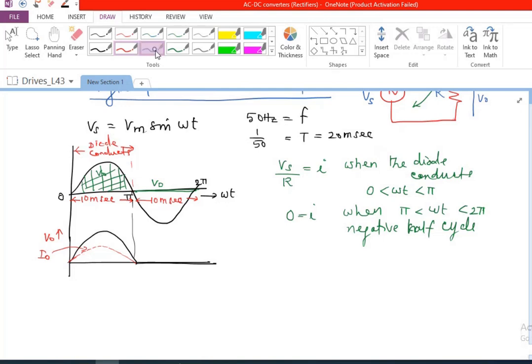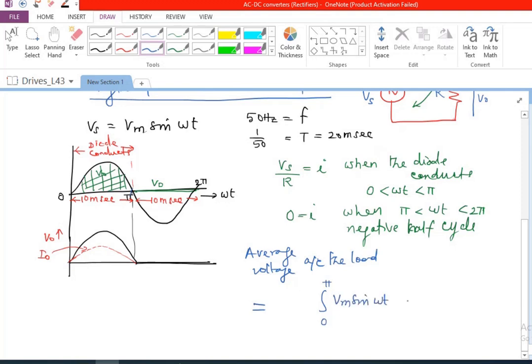Now we should be able to derive what is the average voltage across the load. So that is going to be integral of 0 to pi, because from 0 until pi, it is going to be Vm sine omega t d omega t.